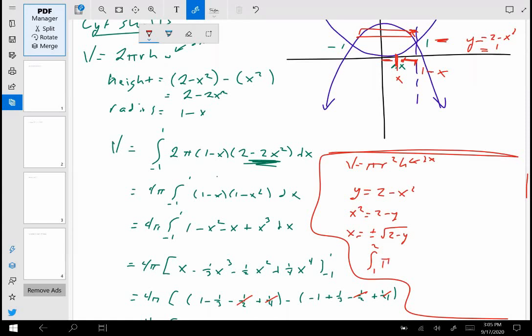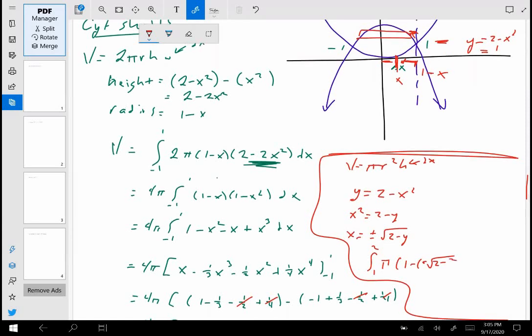Then we'll have pi. The radius is 1 minus whatever that end point is, which would be the negative square root of 2 minus y. It's that squared, right? dy. So that's the top half before we subtract off the other part, right?